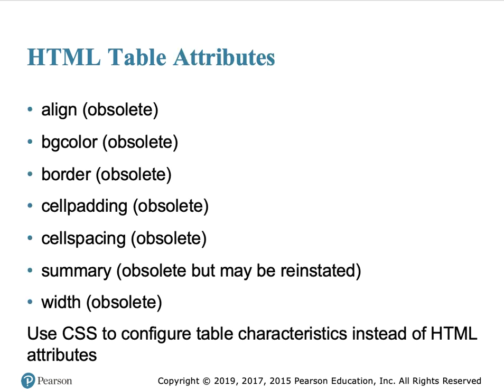HTML tables may have attributes to further define the table. All of these attributes are obsolete, meaning the attribute no longer exists or has changed, and you should use CSS instead. For example, the attribute cellpadding no longer exists, but you can use padding in your CSS styles. The border attribute exists, but the border should be styled in the CSS. It is important that you understand that tags can become obsolete, but you still might see them in some older websites.